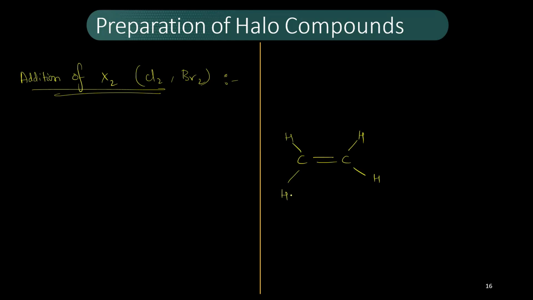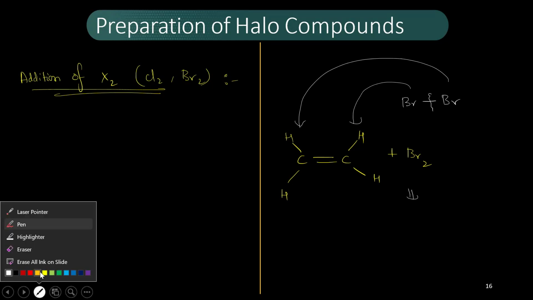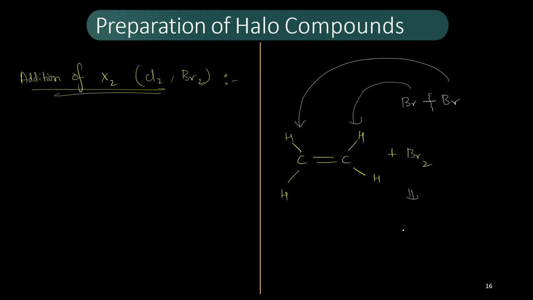When I use bromine, Br2, the bond between Br and Br will break, and one will attach to one carbon and the other to the other carbon. This results in the product CH2Br-CH2Br. This double bond will be broken and each bromine will attach.